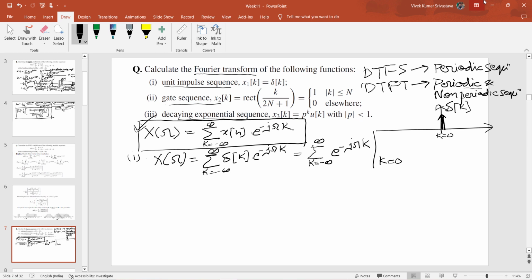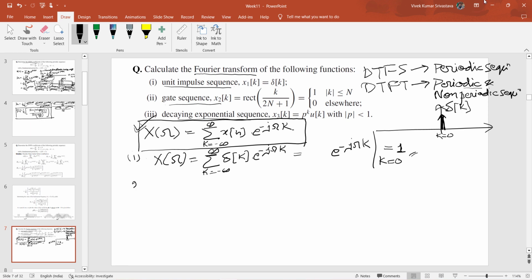We can ignore the summation because it is satisfied only for k equal to 0. So you can directly put k equal to 0 here and you will get the discrete time Fourier transform as 1 for the unit impulse sequence.